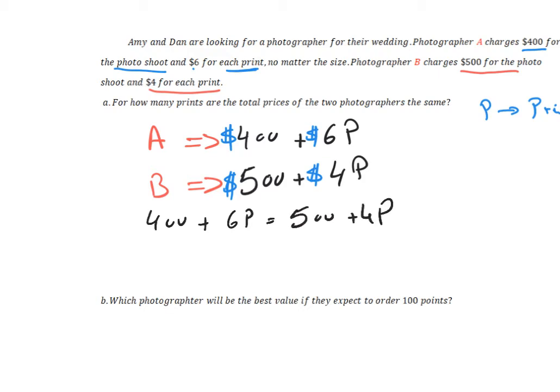We're going to solve for p. Let's move 400 to the right and 4p to the left.